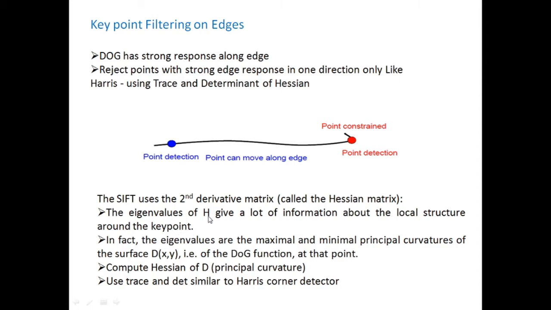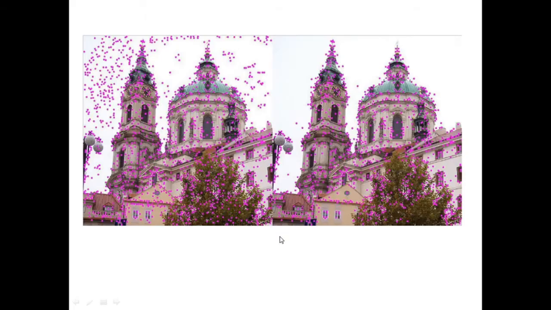The eigenvalues of H give a lot of information about the structure around the key point. In fact, the eigenvalues are the maximal and minimal principal curvatures of the surface, that is D of x comma y.